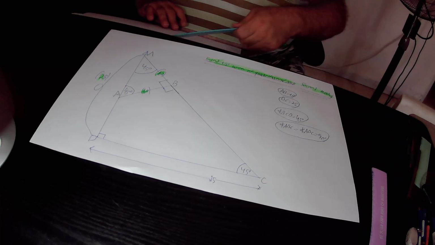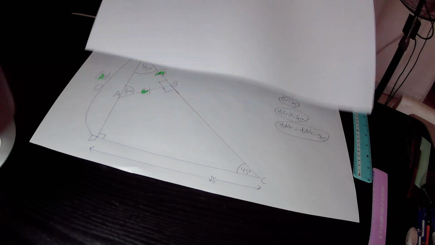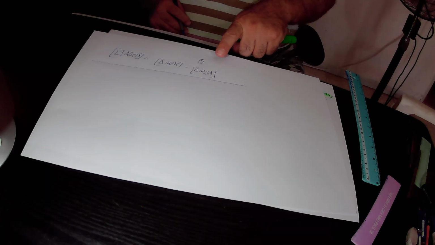Repeat again. The area of quadrilateral ABCD equals the area of the big right triangle MDC minus the area of the small right triangle MBA.